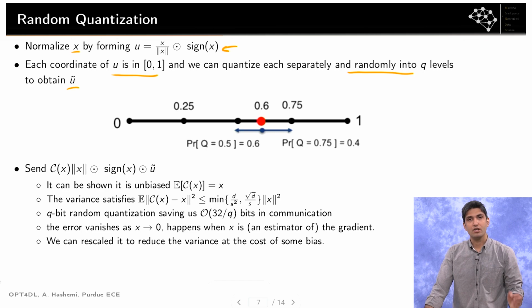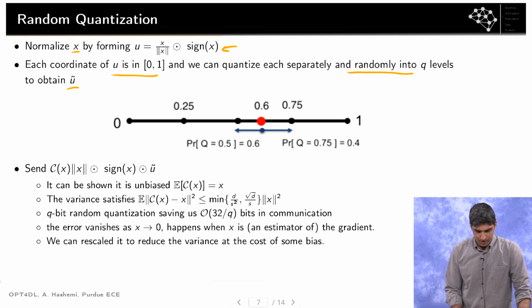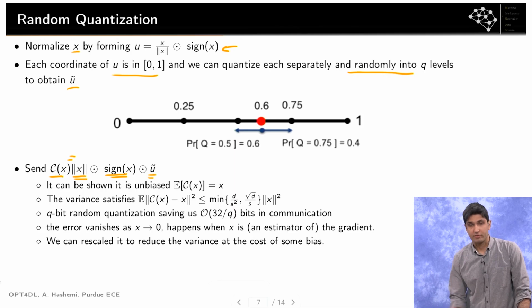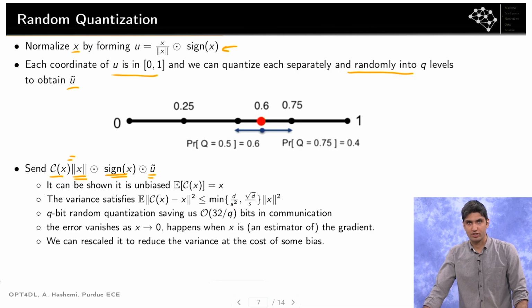So u tilde should be thought of as the compressed version of this normalized vector. Once I find that, what I'm going to send will be equal to the magnitude times the sign times this compressed version of my normalized vector.